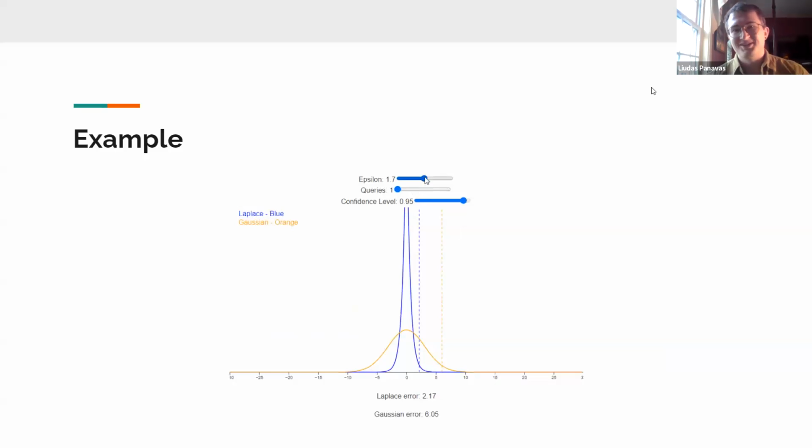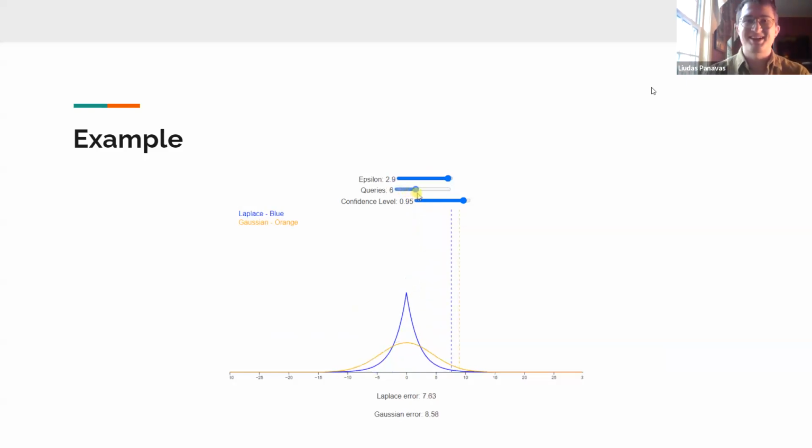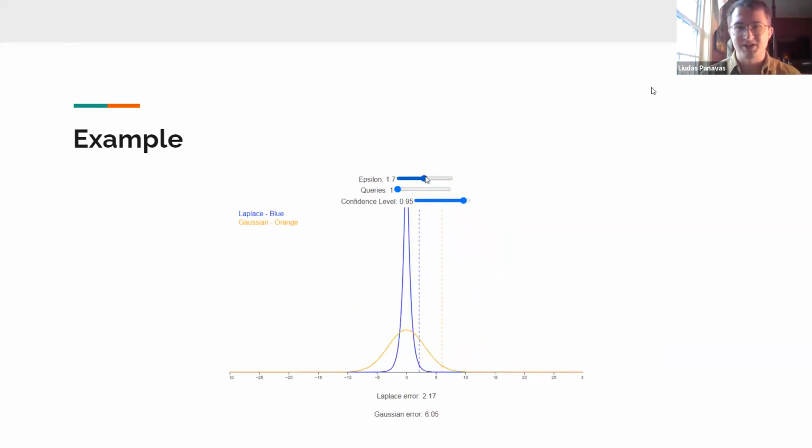And what I propose, or would like to do, is create something that requires little to no coding and allows you to play around with the different choices. So here is an example I made of comparing Laplace and Gaussian noise and just changing a few of the input parameters like epsilon, the amount of queries, and the confidence level.